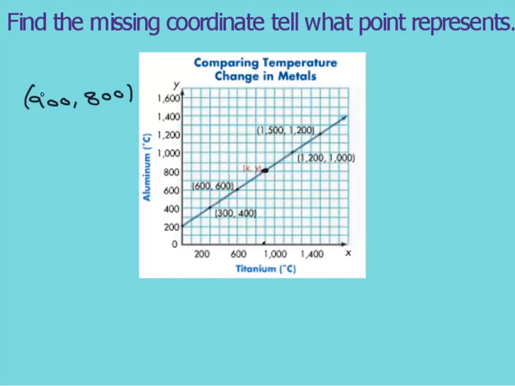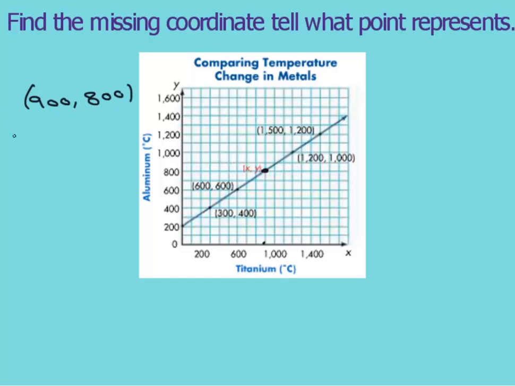How can I find what it represents? He said right here, this is the titanium and this is the aluminum. Now I can say when the titanium is 900, the aluminum is what? Aluminum is 800.